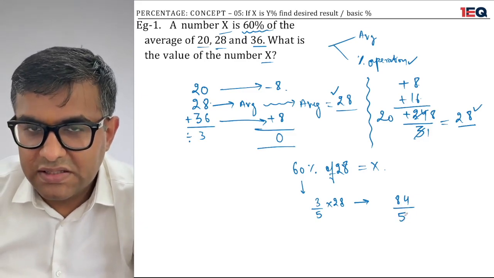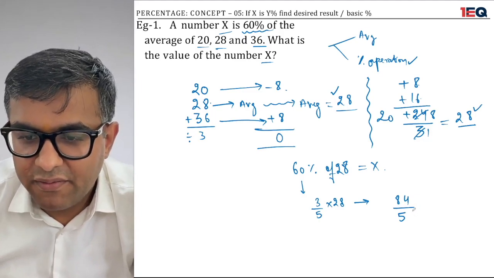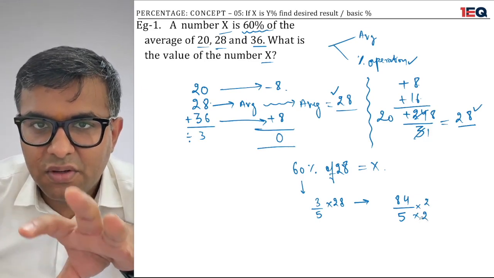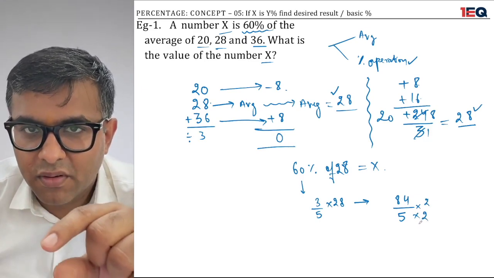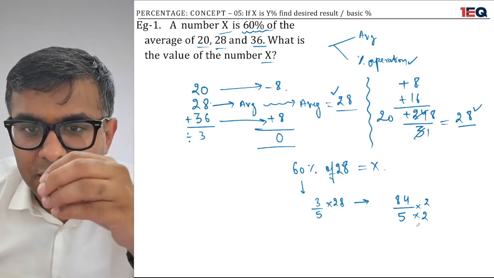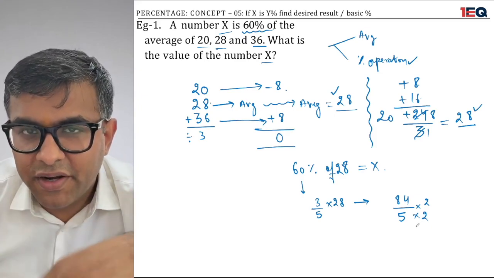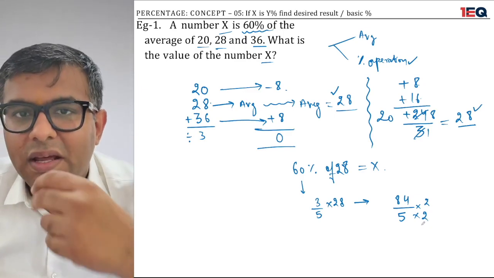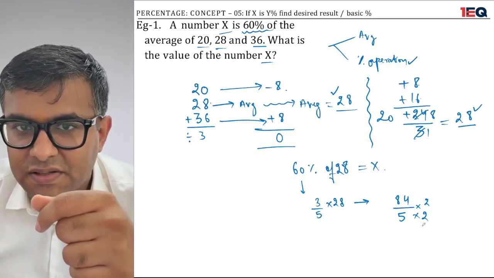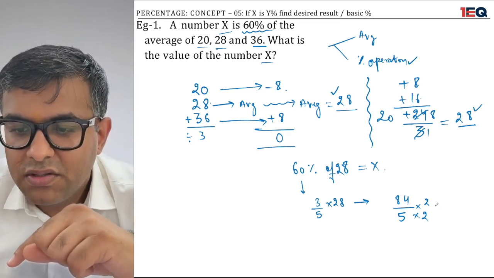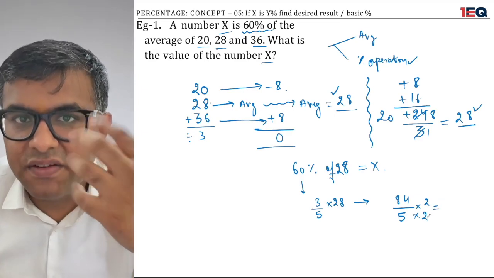Now, instead of dividing by 5, I would multiply the numerator as well as the denominator by 2, because this would create a proper number with a 0 in the end, that is 10. With the help of 10, I would reduce it to a decimal quantity. So you can quicken your results with this. I'm multiplying by 2 above and 2 below just to reduce my calculation of the division.